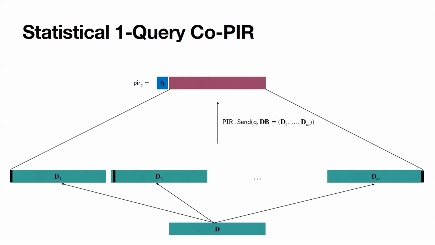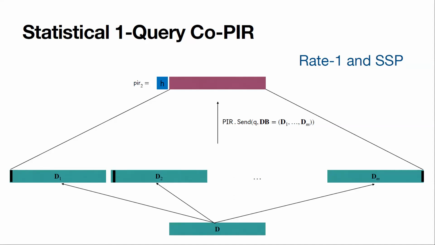The sender inputs the concatenation of these databases into a PIR and gets this PIR message. By the PIR correctness, we know that this block encodes D_I, which corresponds to D with the I-th position erased. So we erased one position. If the PIR is rate one and SSP, then the resulting one-query co-PIR also has these properties.